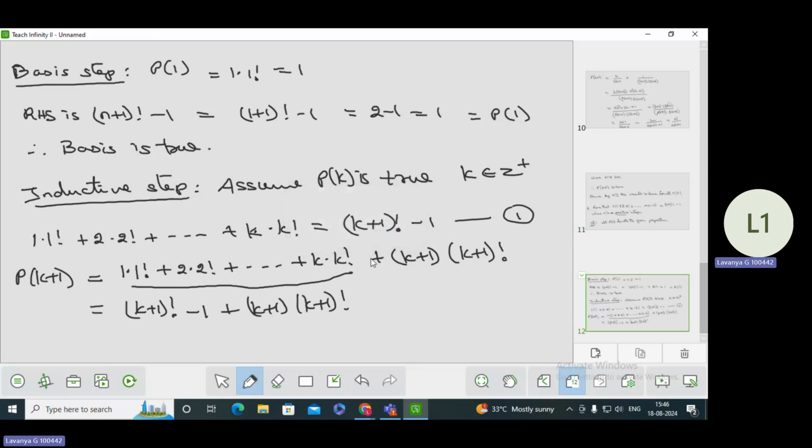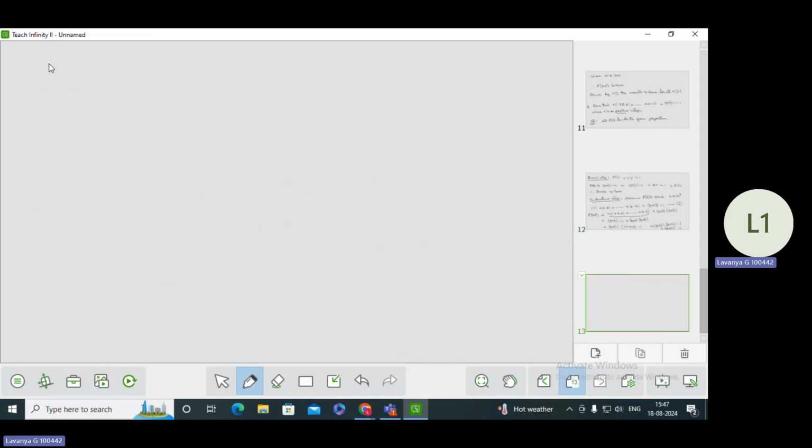Now in this you can take (k + 1) factorial as a common term. You will get (k + 1) factorial into (1 + k + 1) minus 1. So this is (k + 1) factorial into (k + 2) minus 1. This in other words is nothing but (k + 1 + 1) factorial minus 1. Am I correct? This in other words is (k + 2) factorial minus 1.